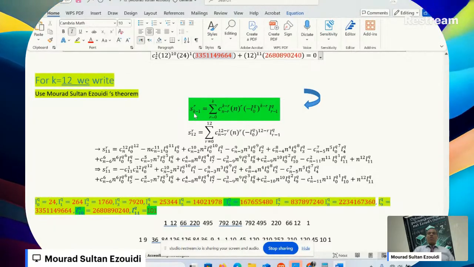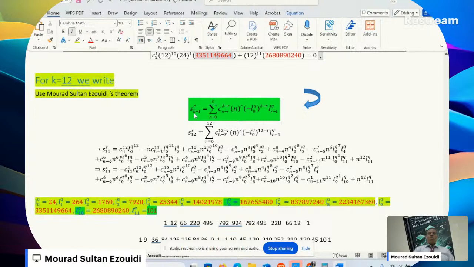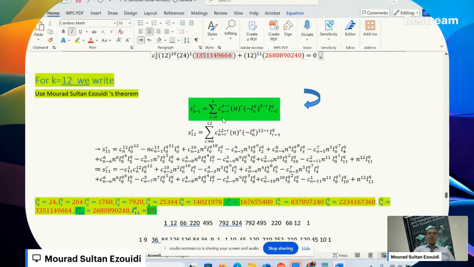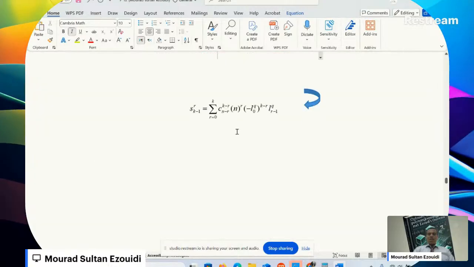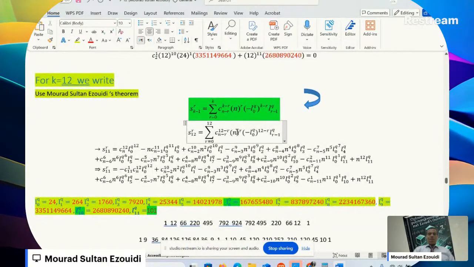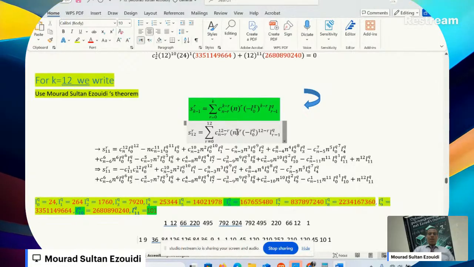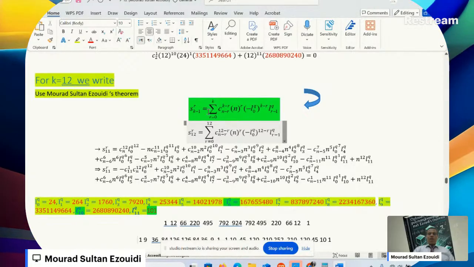Just dive into the structure and substitute k from 0 up to 11, because the highest power of this 12-degree polynomial equation is 12, so 12 minus 1 is equal to 11.